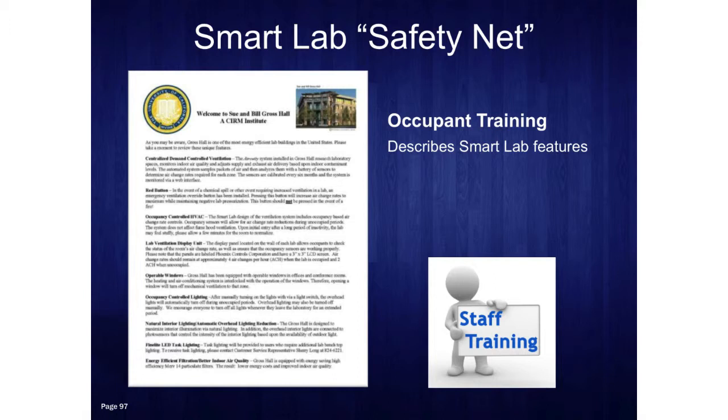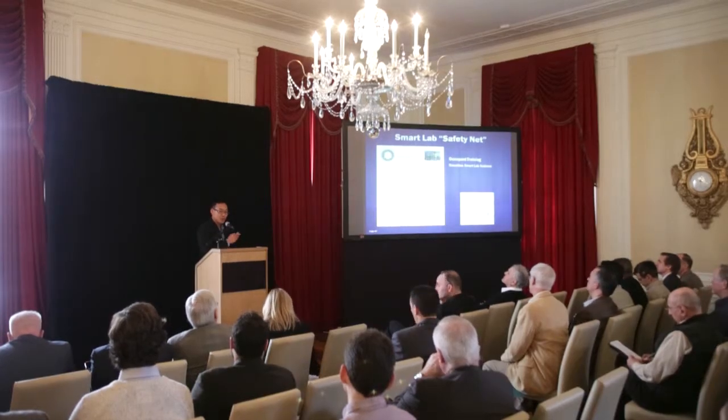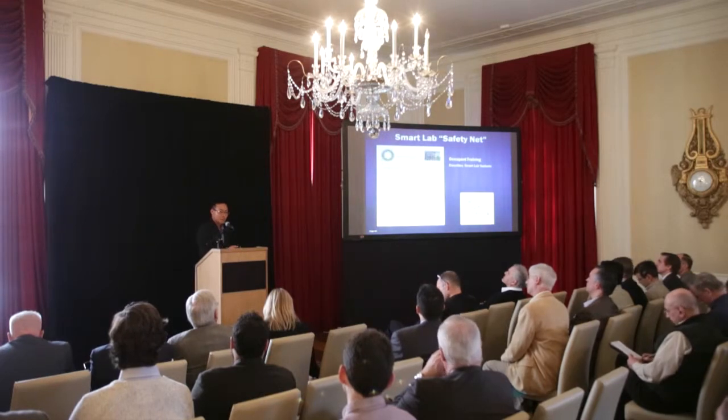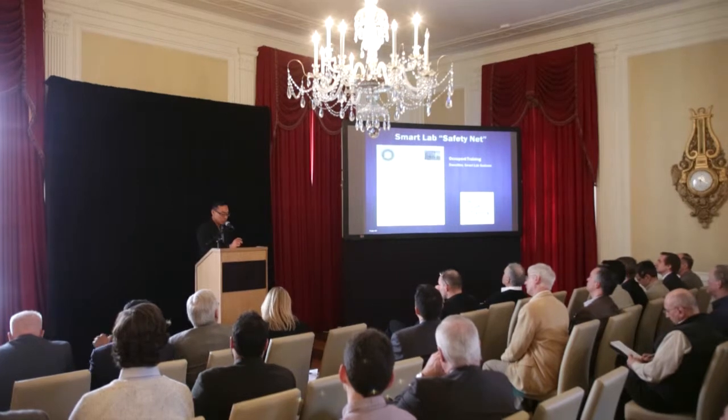Again, it's because we feel the more that the occupants know about what's going on in the lab, the more it can be safe and help us achieve our energy saving goals.